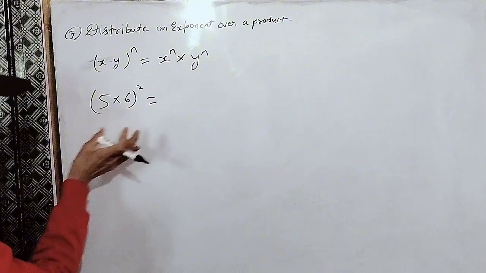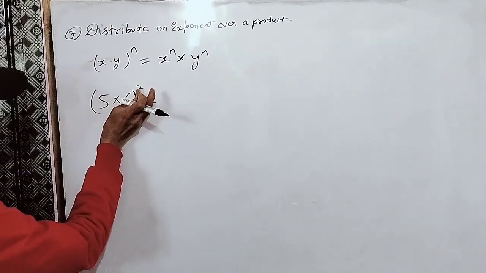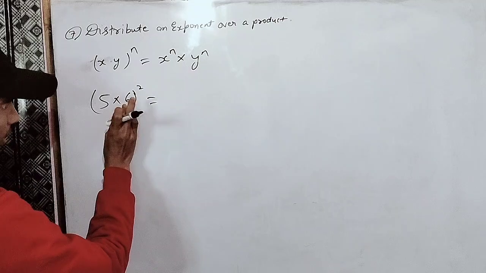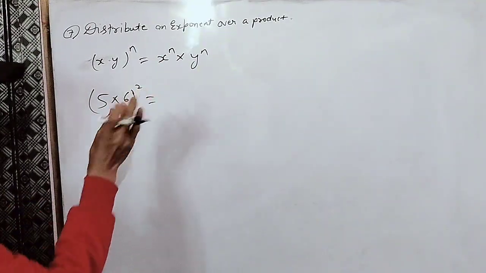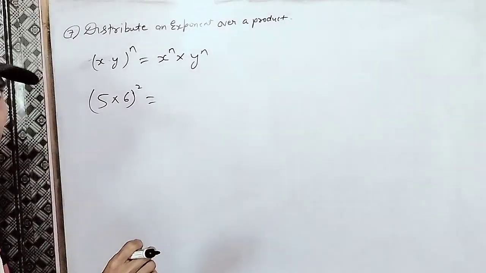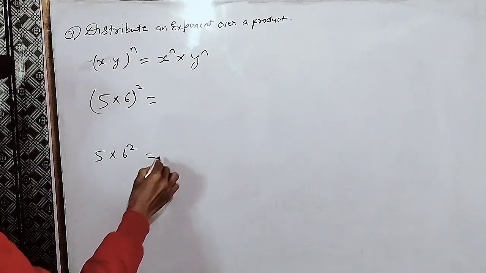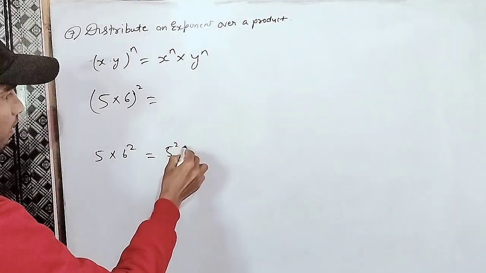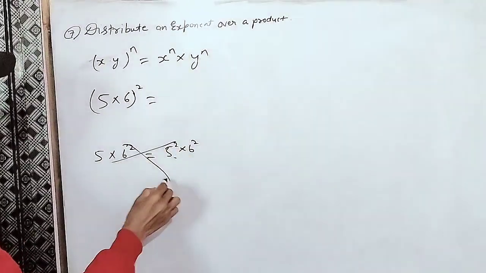This is in brackets, so we can write 5 with the 2 exponent, and 6 with the 2 exponent, because the 2 is a part of this base. Otherwise, if it is like that, then we cannot write it 5 to 6 to. No, this is correct.